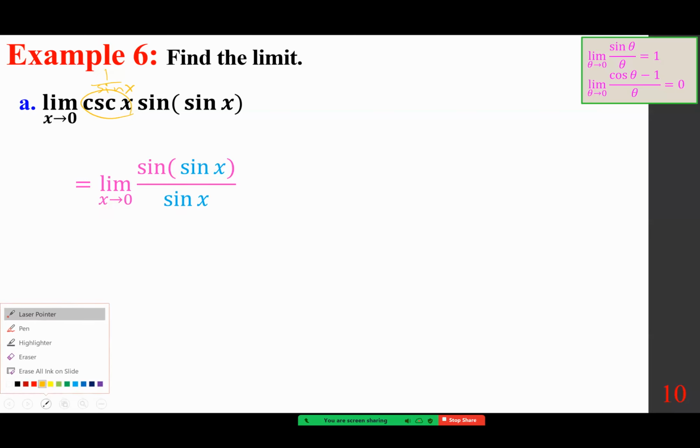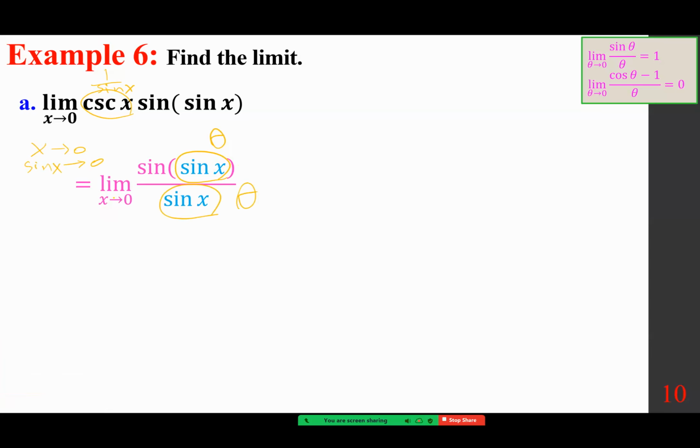As you know, when x goes to 0, so does sine x. So now, if I let sine x, let this one be theta, and this one, sine x, is also theta.